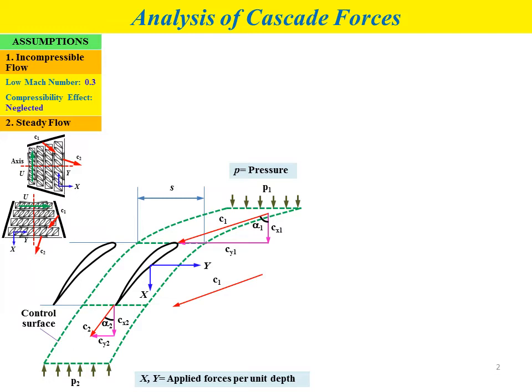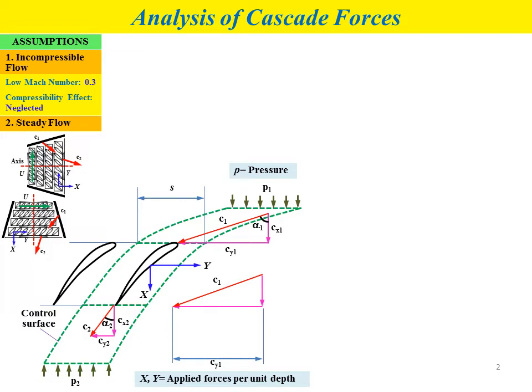Okay, so if we redraw both triangles, the triangle is actually what we call a velocity diagram. So we can combine both diagrams, the velocity diagram at the inlet and the velocity diagram at the outlet, in one velocity diagram.